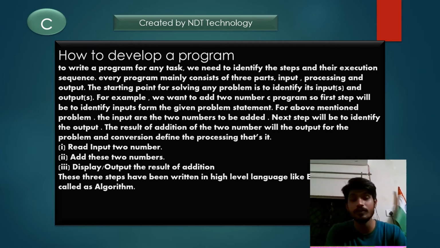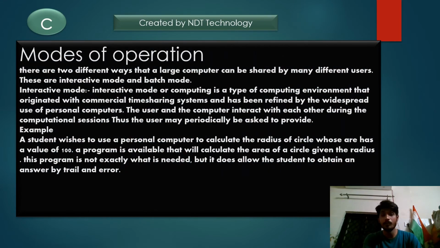So how to develop a program, this is the first topic. Second is modes of operation. This is just additional knowledge before starting actual C programming, and this is the index which I've already taught you in a couple of my previous videos. Here, in modes of operation, there are two different ways that a large computer can be shared by many different users.